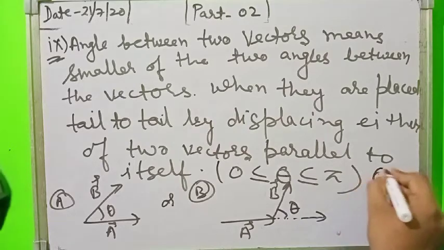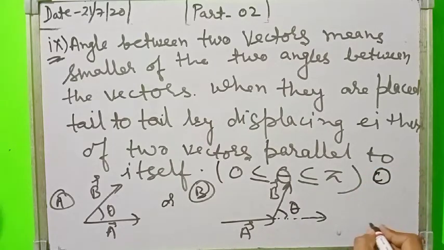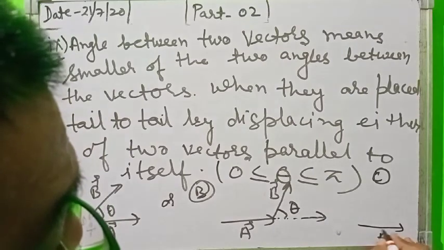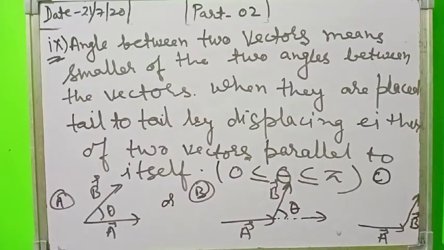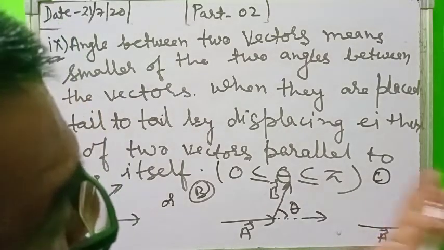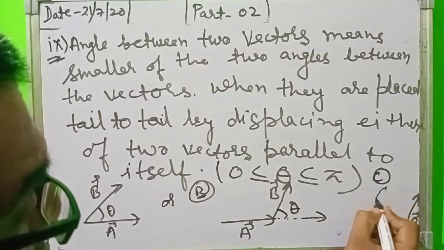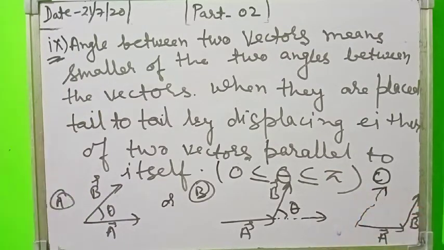Third case, if this is vector A and this is vector B, then the angle between these two vectors is tail to tail. So parallel translation of this vector is this. So the angle is this. Here there is the tail to tail coincidence, so this angle is considered.